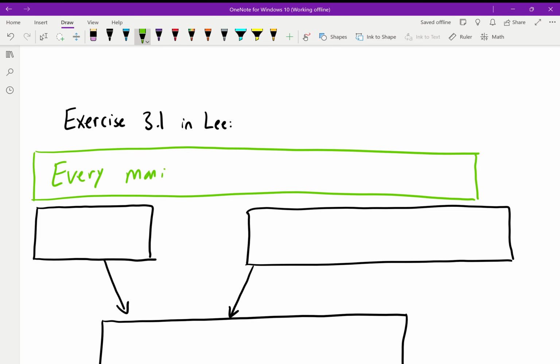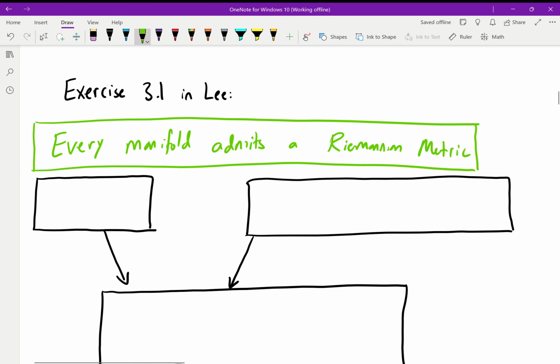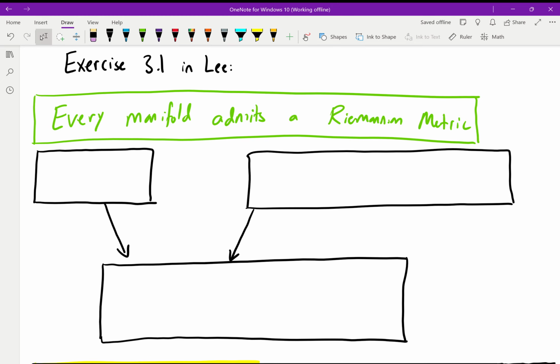Every manifold admits a Riemannian metric. Since we have quite a bit of ground to cover today, I'm not going to go into the fine details of this proof, but there's something you can certainly work out in the comfort of your own basement.